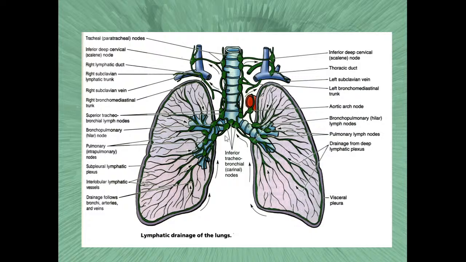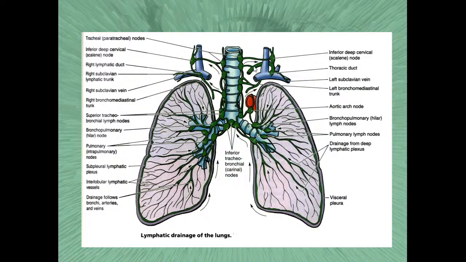Next group in the region of the trachea bifurcation and represented by the superior and inferior tracheobronchial lymph nodes, depending to the location around the trachea bifurcation. Then the paratracheal lymph nodes, and finally to the right bronchomediastinal trunk and left bronchomediastinal trunk.